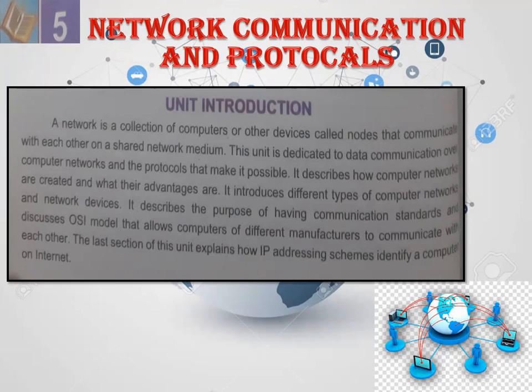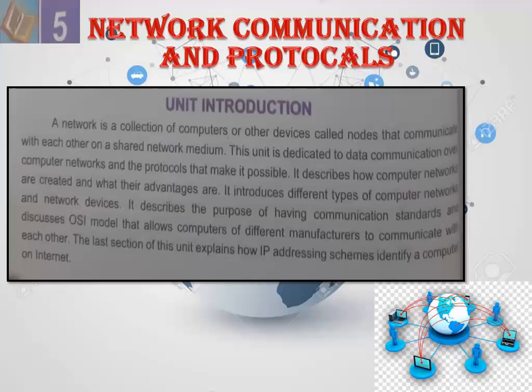It describes how computer networks are created and what their advantages are. It introduces different types of computer networks and network devices. It describes the purpose of having communication standards and discusses OSI model that allows computers of different manufacturers to communicate with each other. The last section of this unit explains how IP addressing schemes identify a computer on internet.